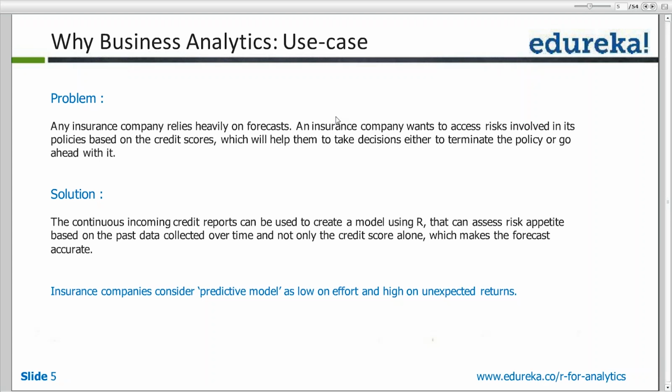So how is it that an accident that one enters into be in any way related to their credit history? Apparently, there are a few research studies conducted by the Federal Trade Commission in the United States.